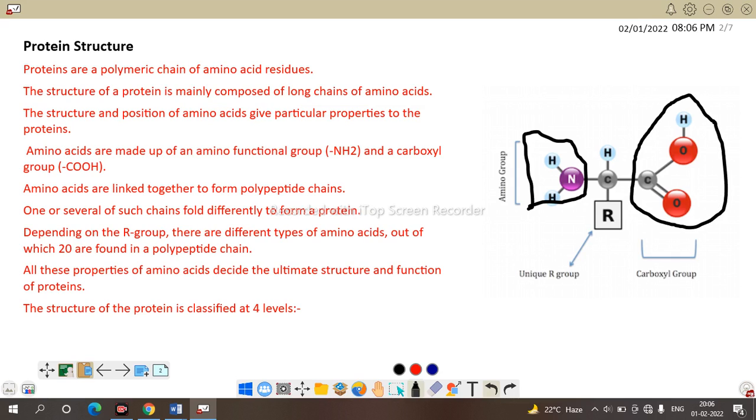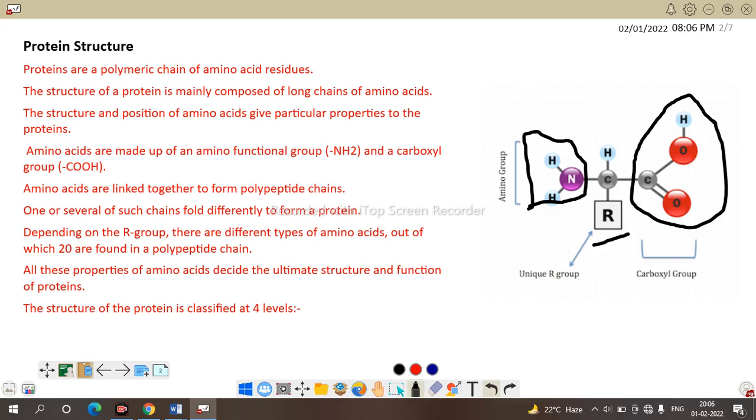Amino acids are linked together to form a polypeptide chain. One or several chains fold differently to form a protein. Depending upon the R group, here is the unique R group, there are different types of amino acids, out of which 20 are found in polypeptide chains.